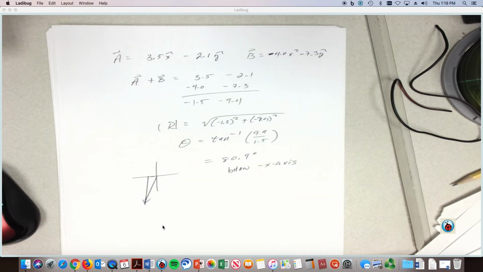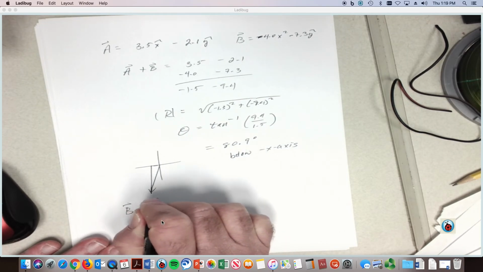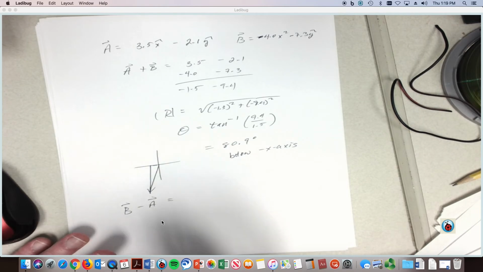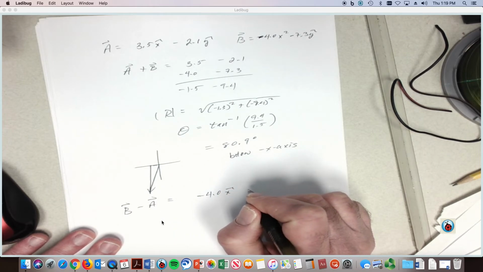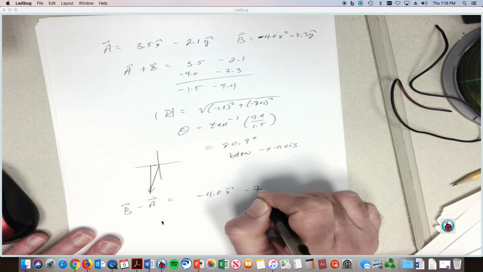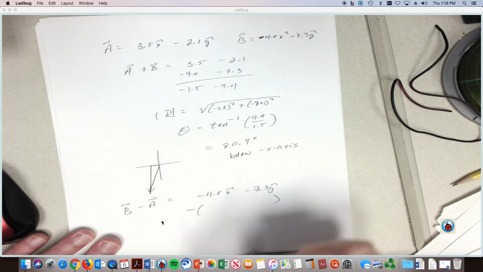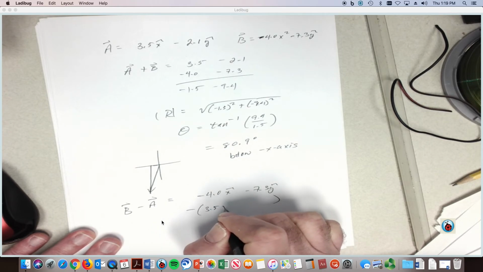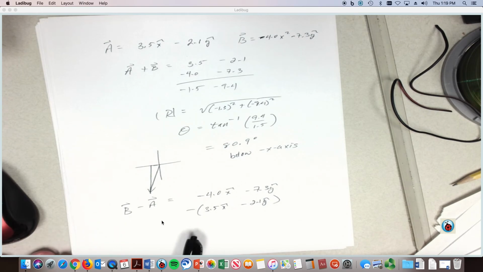Okay, so that was A plus B. What if we do B minus A? So I'll write down vector B, negative 4.0 x hat minus 7.3 y hat. Now you've got to be careful, watch your algebra. Since we're subtracting, I'll put A as 3.5 x hat minus 2.1 y hat. But look, the negative is outside the parentheses here.